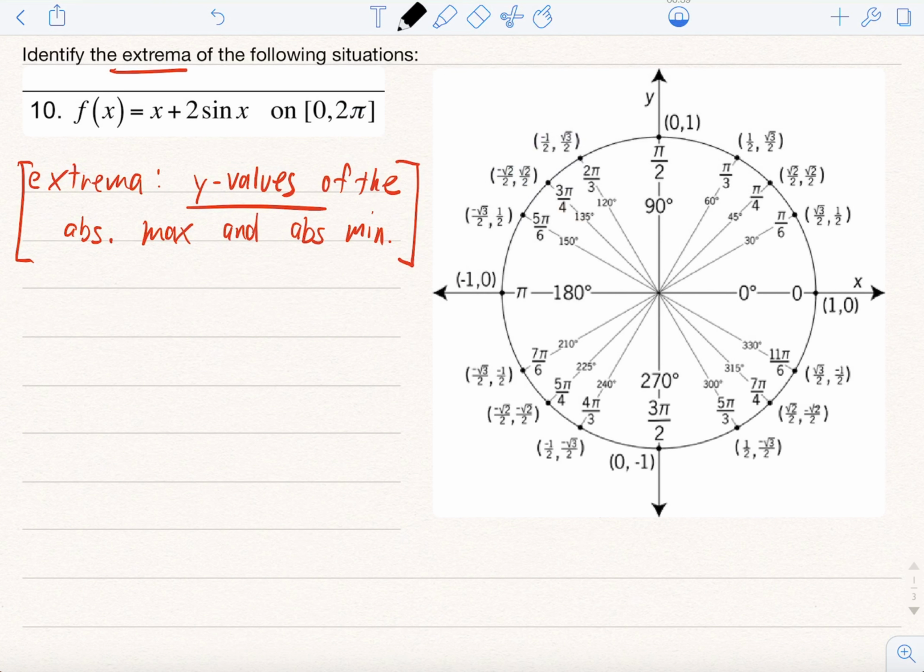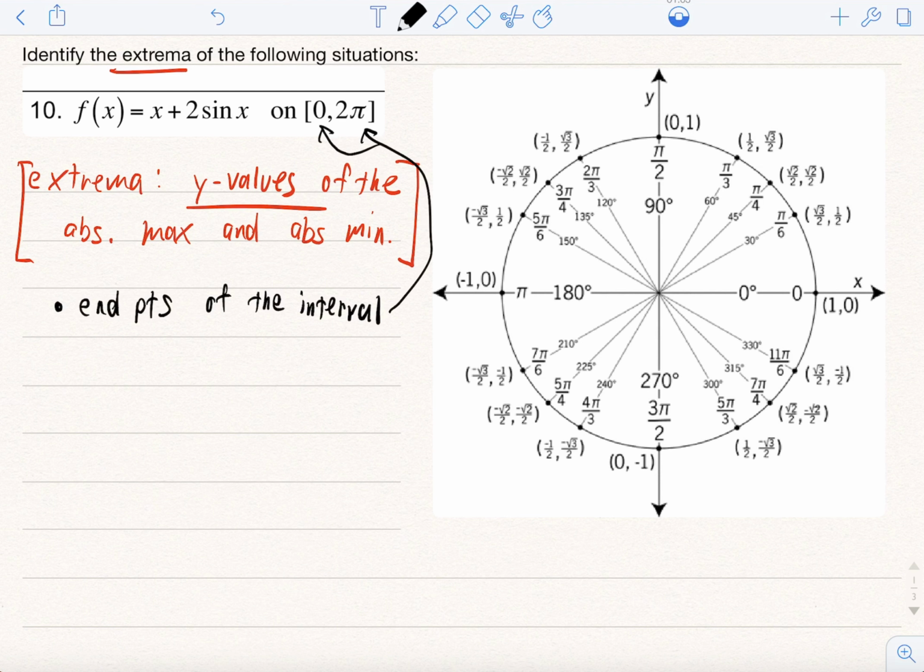Now, if we're trying to find the absolute max and min, just to remind ourselves, there are two places we need to look. One, we need to look at the endpoints of the interval, mainly this guy and this guy.